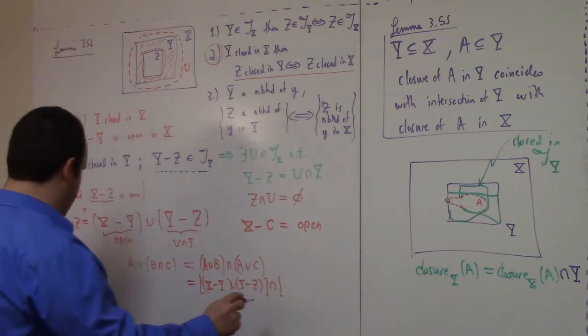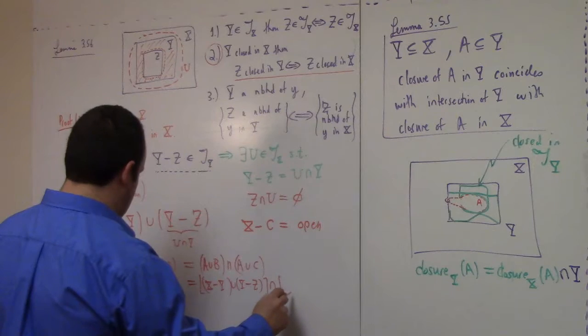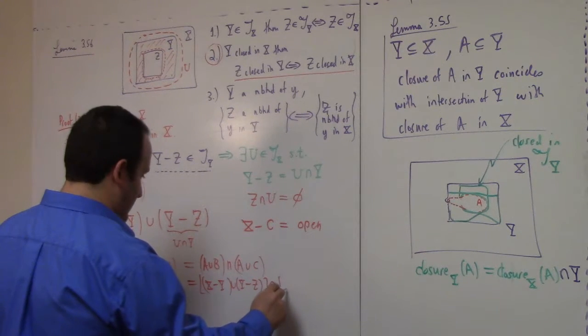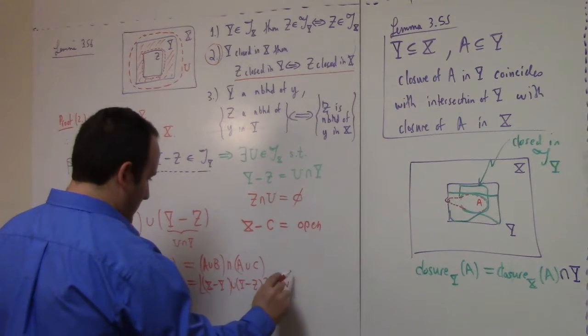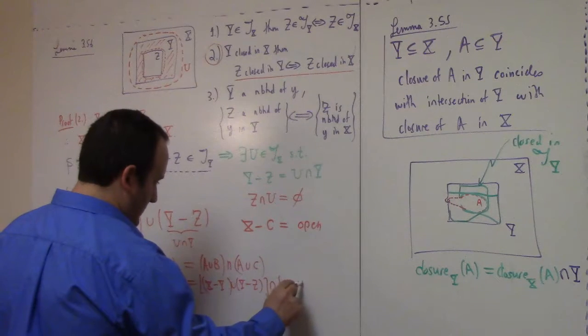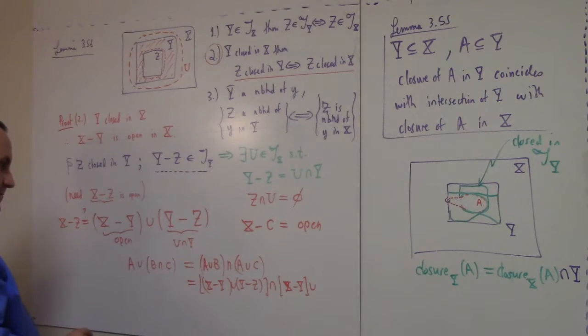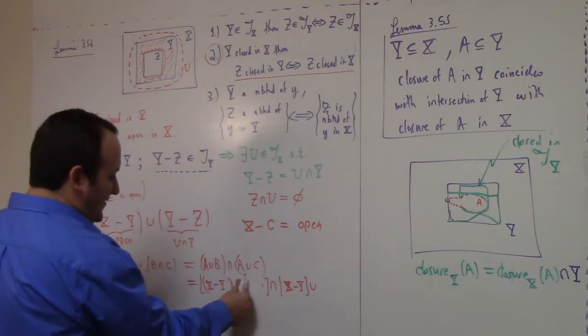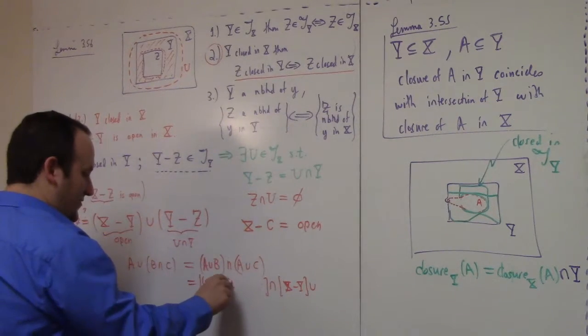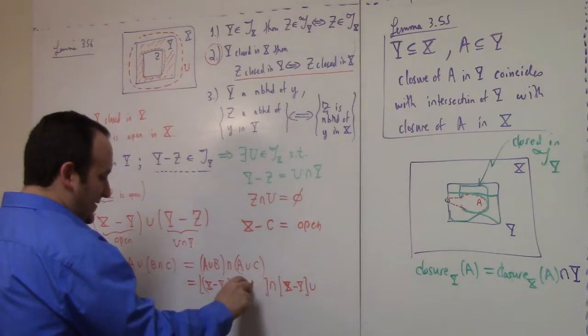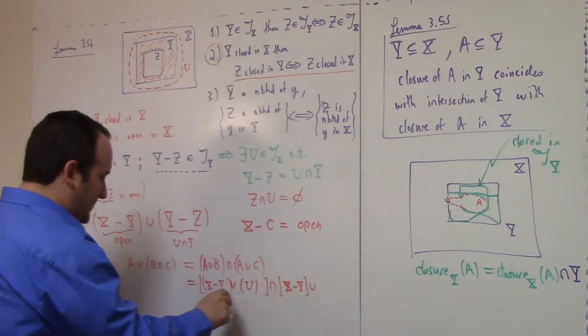Intersect with X with Y removed. Wait, what? Unioned with. Well, I was thinking, I'm sorry. You want me to put U here? Yeah. I was getting to it. And then this would be Y.